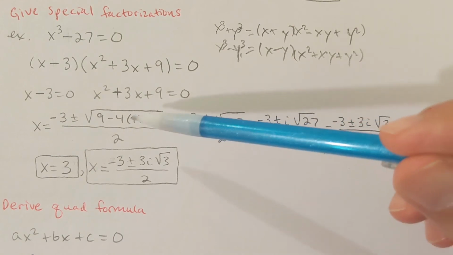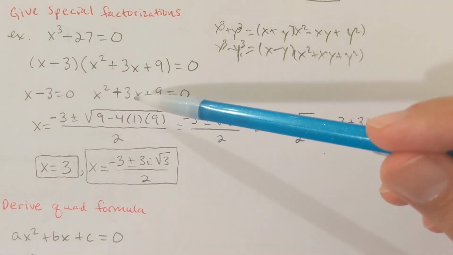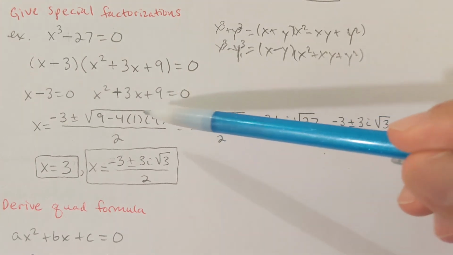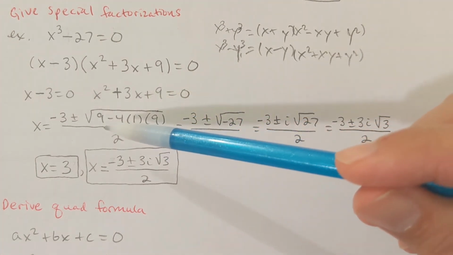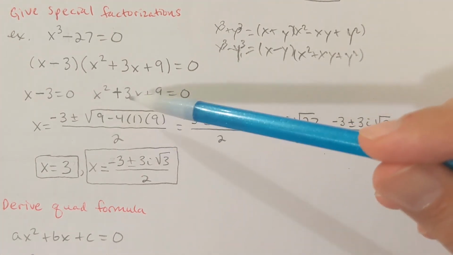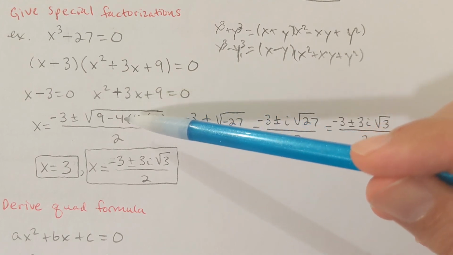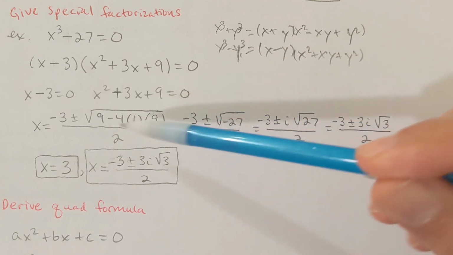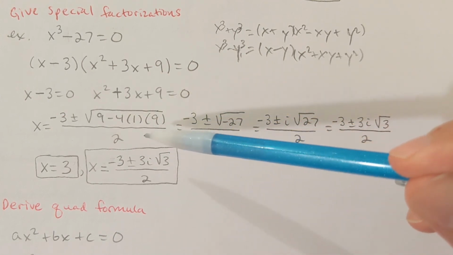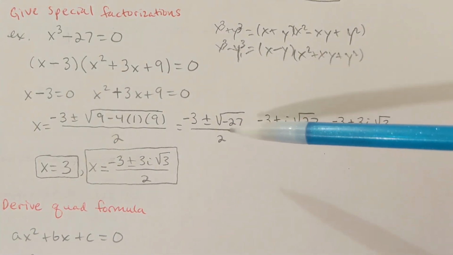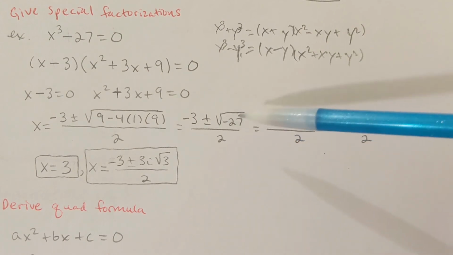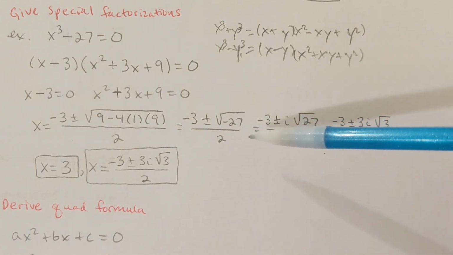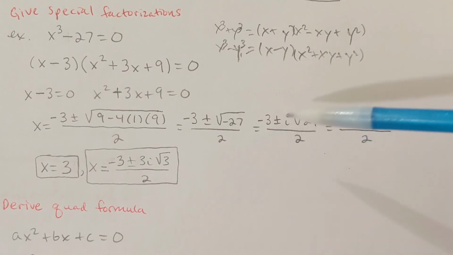So A is 1, B is 3, C is 9. I need the opposite of B, which is negative 3, plus or minus the square root of B squared. 3 squared is 9, minus 4 times A is 1, times C is 9, all over 2. Okay, and I get negative 3 plus or minus the square root of negative 27, all over 2.